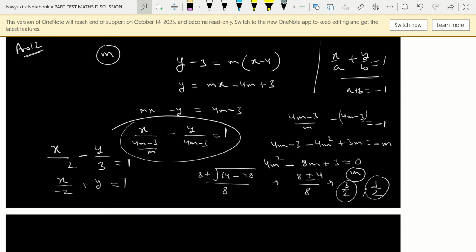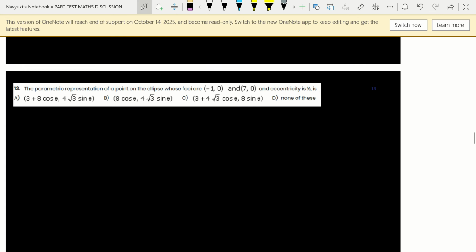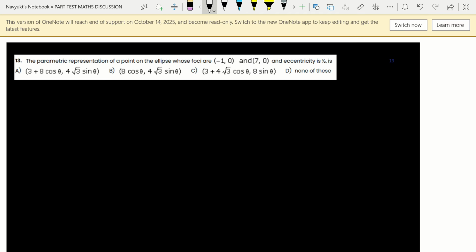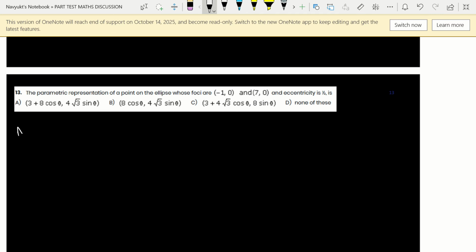Let's get to our next question. Question number 30. The parameter representation of a point on the ellipse whose foci are these and the eccentricity is half. Let's see.